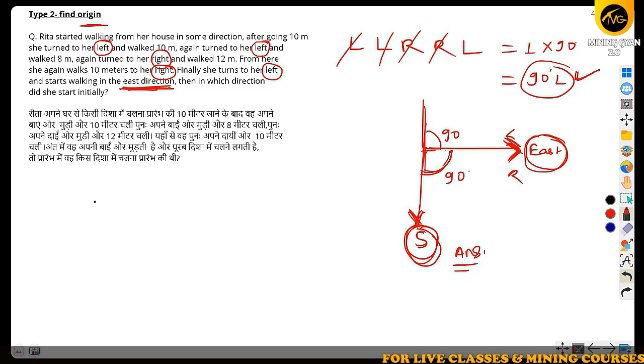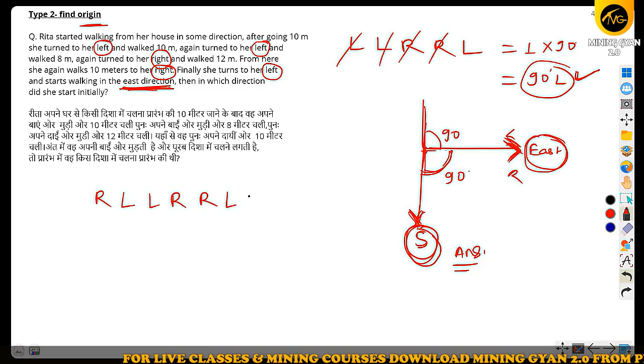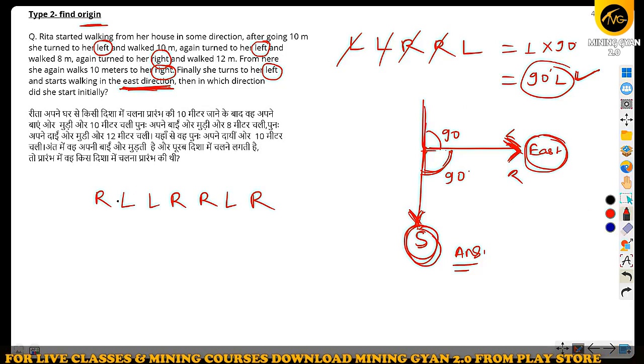Now suppose she can initially turn right, then left, then left, right, right, left, and right. Okay, this is the condition. She initially starts from her house in some direction.